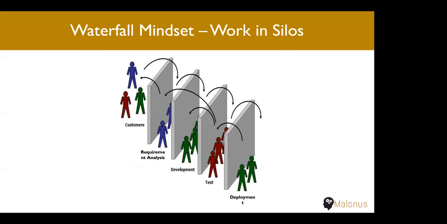What I'm trying to say is that the mindset which happened to be part of the waterfall continues to be there in the Scrum world as well. But as soon as you start breaking that mindset and trying to see the opportunities, how you can help each other so that you are able to meet the sprint goal in a better way, then things start happening in a much better way.